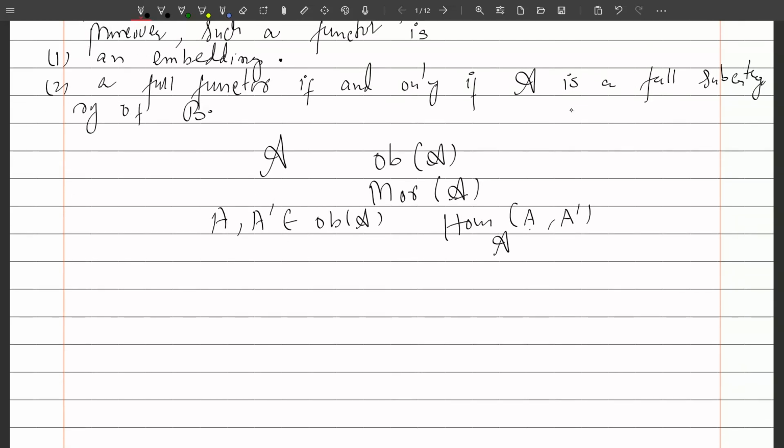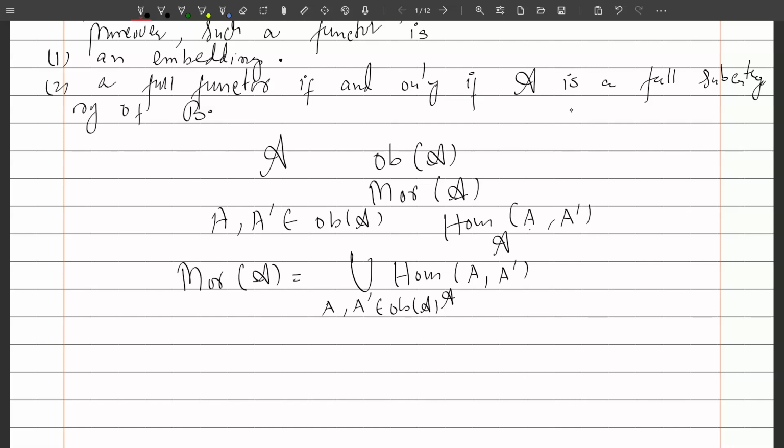The morphism class is the union of all these hom sets, where A and A prime are objects in the category A.